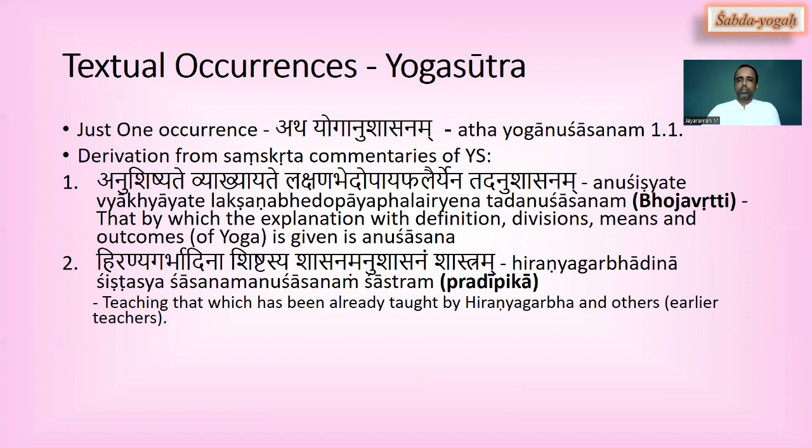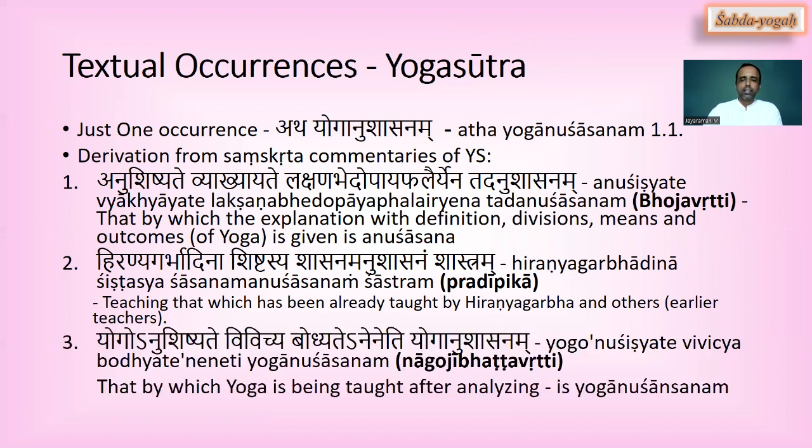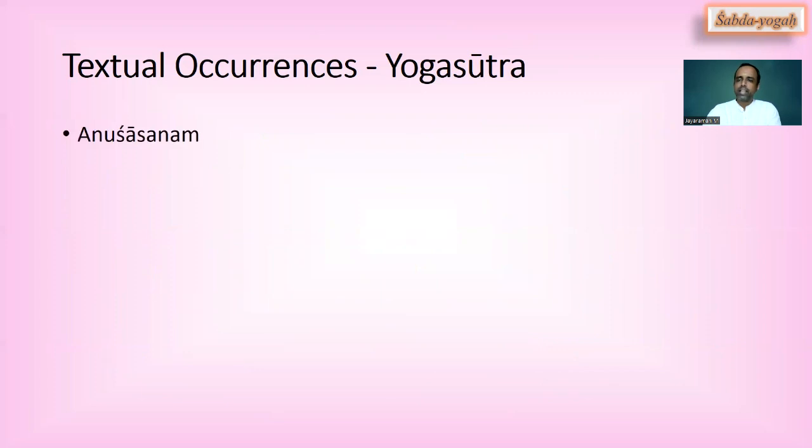And in Nagoji Bhatta's commentary, we see Yogaha Anushishyate Vivichya Bodhyate Anena iti Yoga-anuṣāsanam: that by which yoga is taught after analyzing is Yoga-anuṣāsanam. So rich inputs can be derived from these commentaries, which can be organized in this way. Some 6 ideas about Anushasanam emerge from these 3 commentaries.